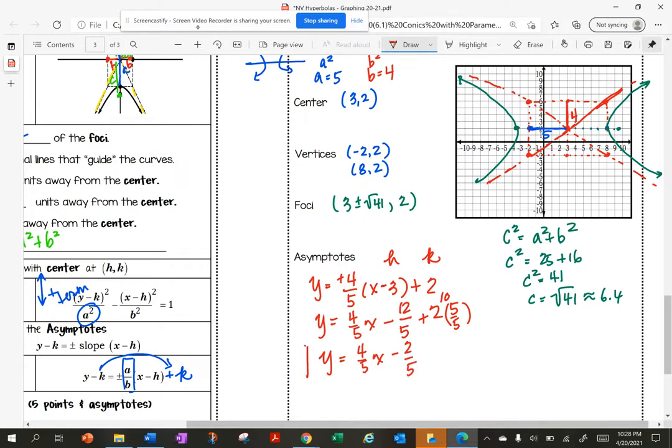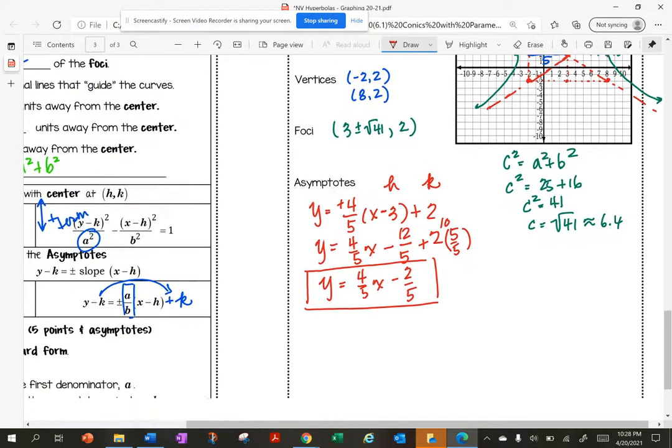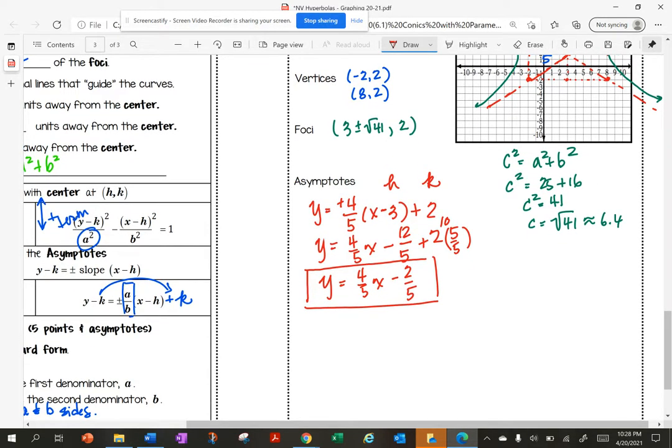So here is the positive slope asymptote. And then I'm going to do the negative slope asymptote. So that's going to be y equals negative 4/5 x minus 3 plus 2. So this is going to be y equals negative 4/5 x plus 12 over 5 plus 2.